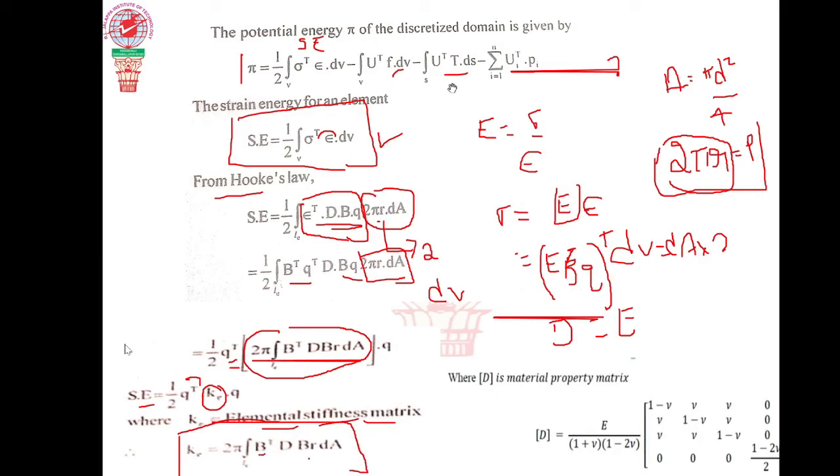B is called the strain displacement matrix. D is called the elemental material property matrix. We already proved that D is equal to E by (1 plus mu)(1 minus 2 mu) into this matrix. This is known as the material property matrix.